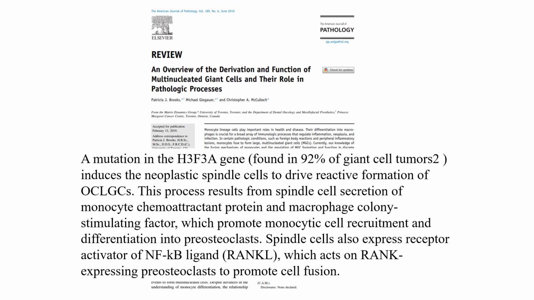This process results from spindle cell secretion of monocyte chemoattractant protein and macrophage colony stimulating factor, which promote monocytic cell recruitment and differentiation into preosteoclasts. Spindle cells also express receptor activator of NF-κB ligand, which acts on RANK-expressing preosteoclasts to promote cell fusion.